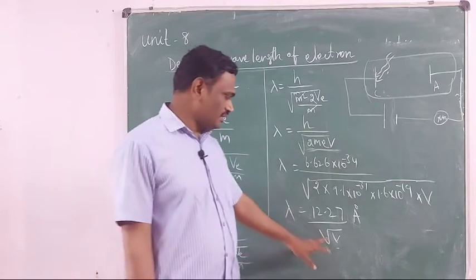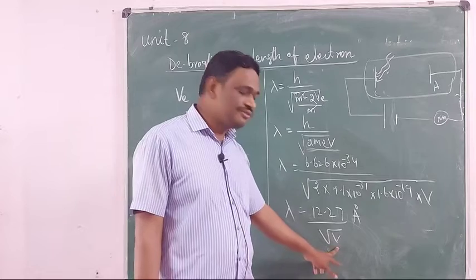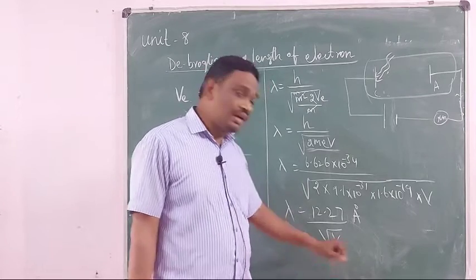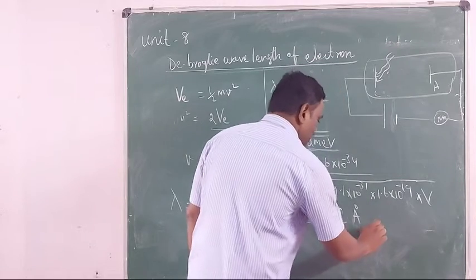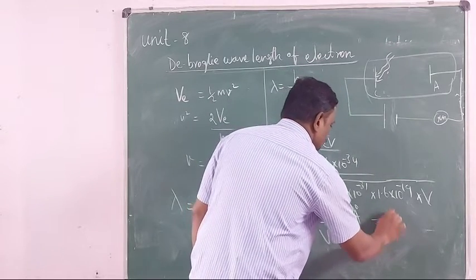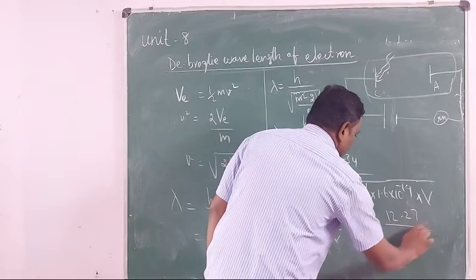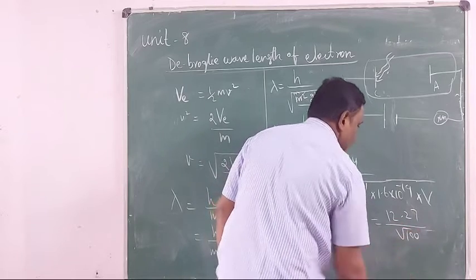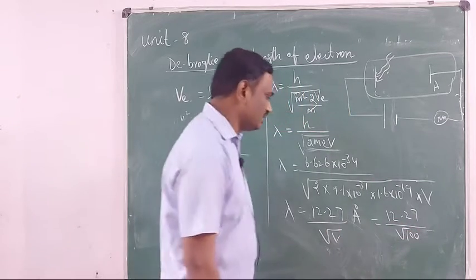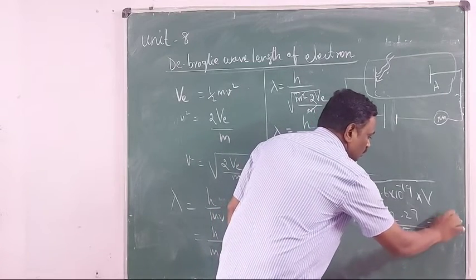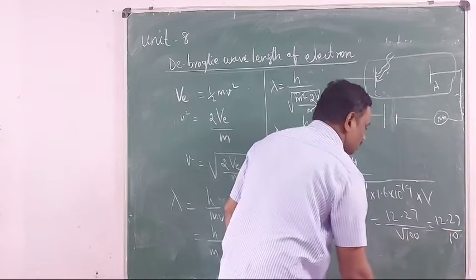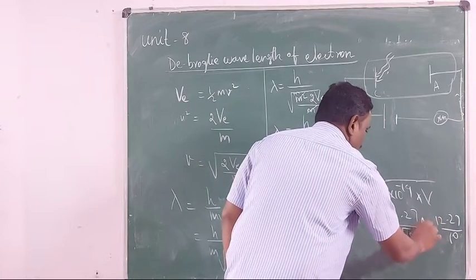Here, when you accelerate the electron with a potential difference of 100 volt, we substitute 100 volt, so 12.27 divided by root of 100. Root of 100 is nothing but 10. So 12.27 divided by 10 angstrom.